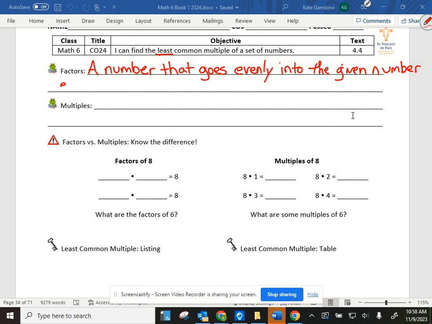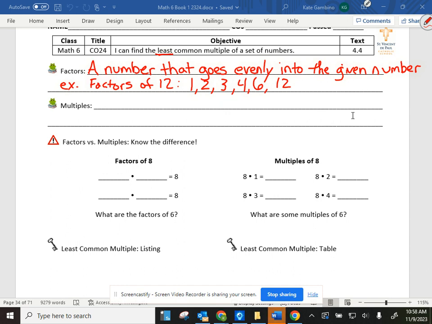So an example would be factors of 12. We know we have our factor buddies of 1 and 12, 2 and 6, 3 and 4. Those are factors, looking at those factor buddies, factors of 12. Today we're switching gears and we're looking at that least common multiple.